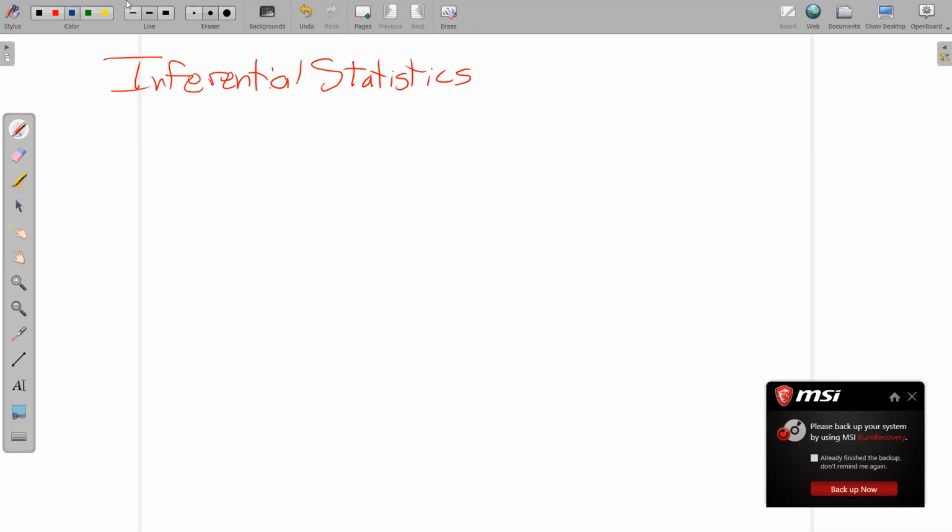So for us, we have 2 main parts of inferential statistics. Either we're trying to find some value about a population, and that's when we make a confidence interval.